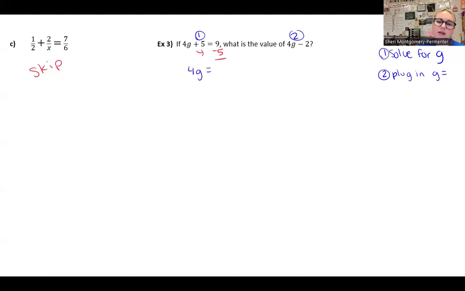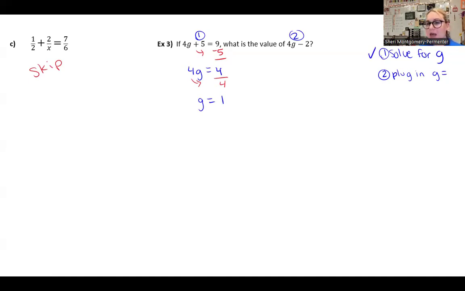What's 9 minus 5? 4, beautiful. And my very last step. Yep, divide by 4. I couldn't do this without you guys helping. So g is equal to 4. First step, done. I know what g is equal to. Solve for g, check. Now I'm going to plug it in.